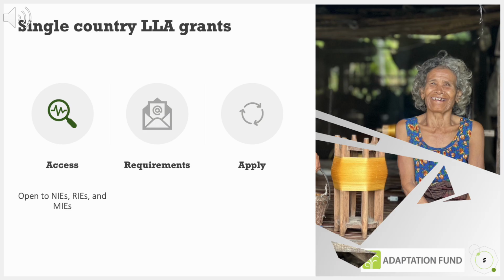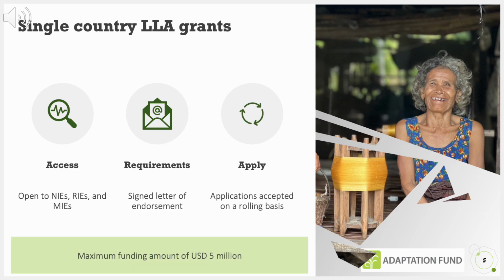To apply for a single country LLA grant, the LLA grant application form must be submitted together with a signed letter of endorsement by the designated authority to the Adaptation Fund. Applications are accepted on a rolling basis. There is a maximum funding amount of $5 million.